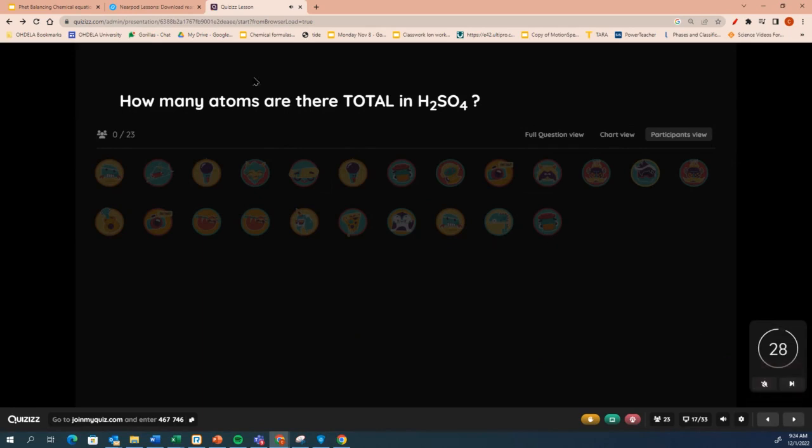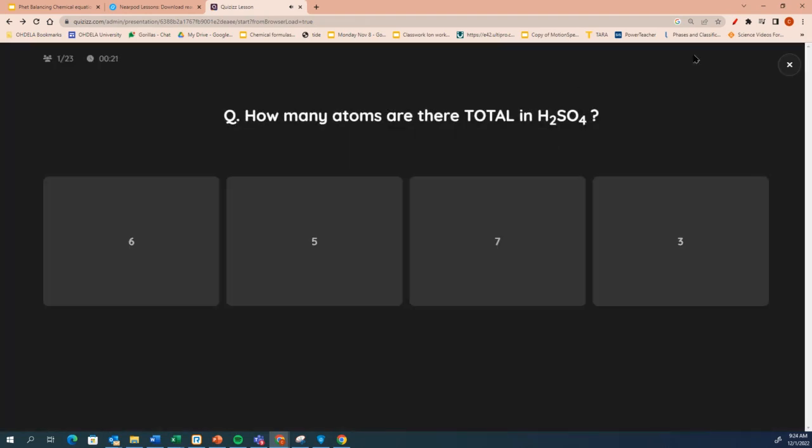All right, so how many total atoms? So we've got to count them all up, right? Total atoms. So we know that we have 2 atoms of hydrogen, 1 atom of sulfur, 4 atoms of oxygen. So add them all up. Total atoms.